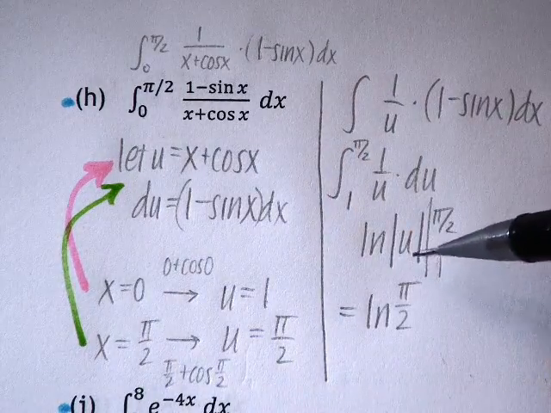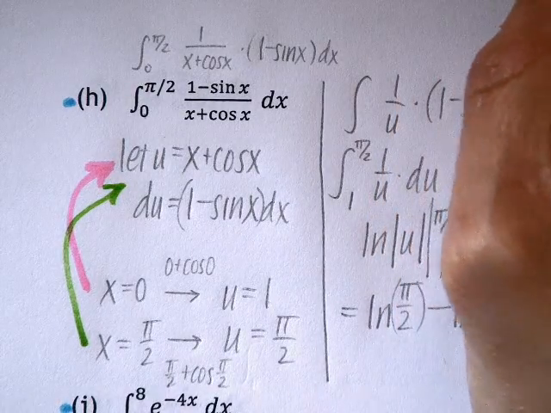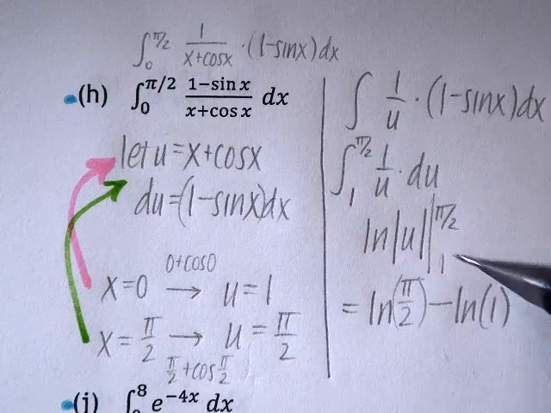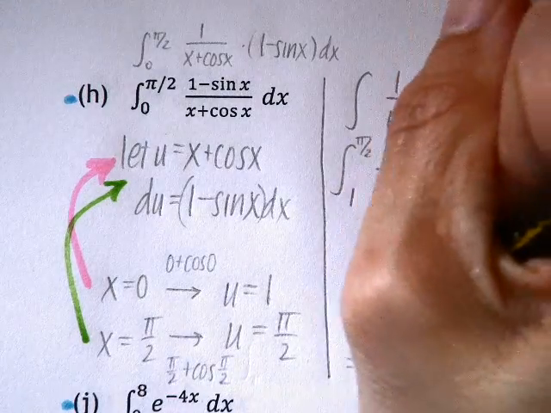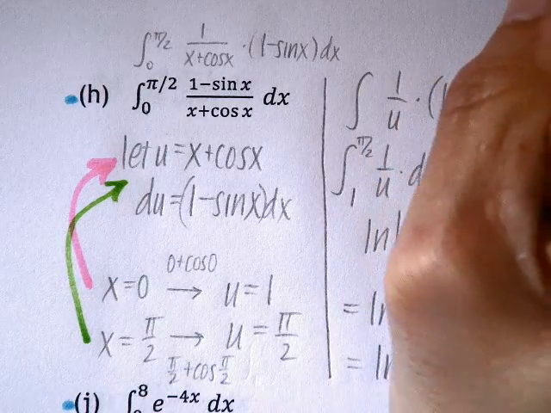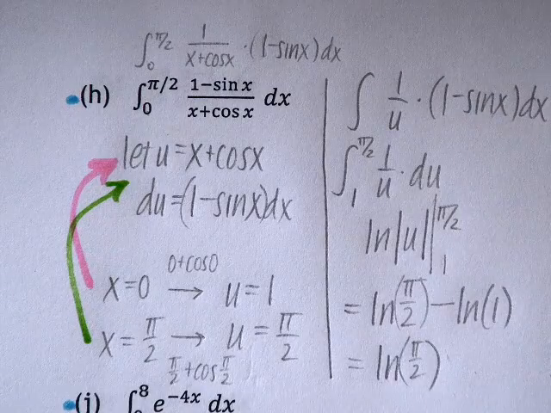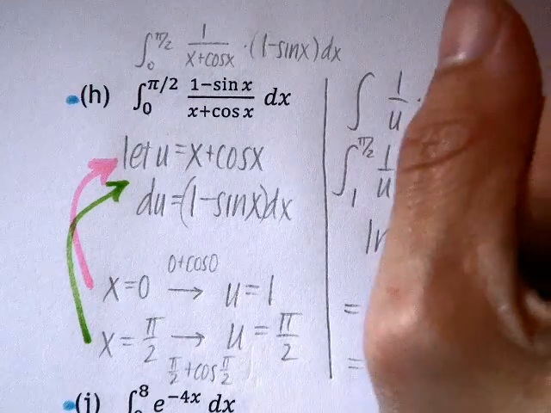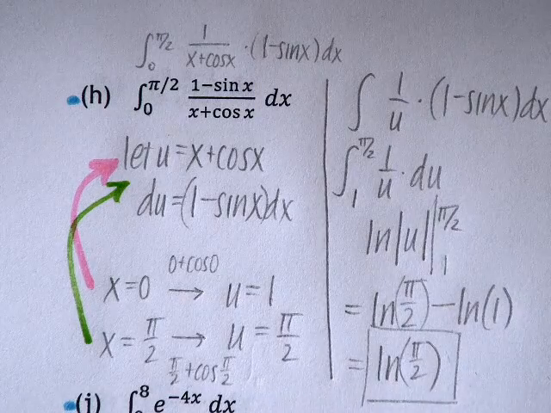Absolute value is not going to matter just because it's already a positive input, minus ln of 1. Again, absolute value doesn't matter because it's already a positive input. ln pi over 2, we're just going to have to leave as ln pi over 2. It's just a silly looking number. And then ln of 1, fortunately, ends up being 0, so we don't have to write that part. Our most simplified version of things can be left as ln of pi over 2.